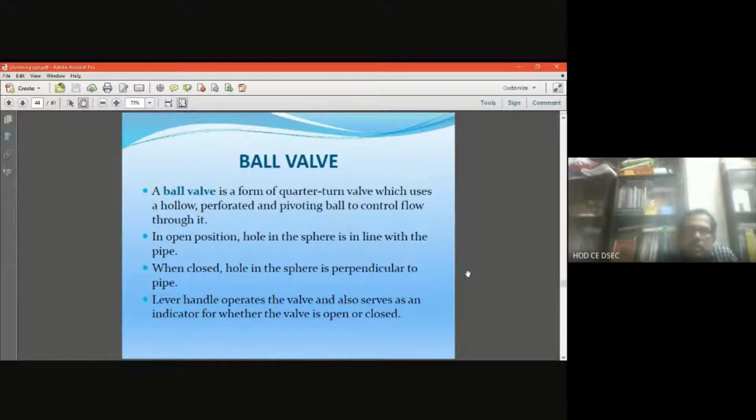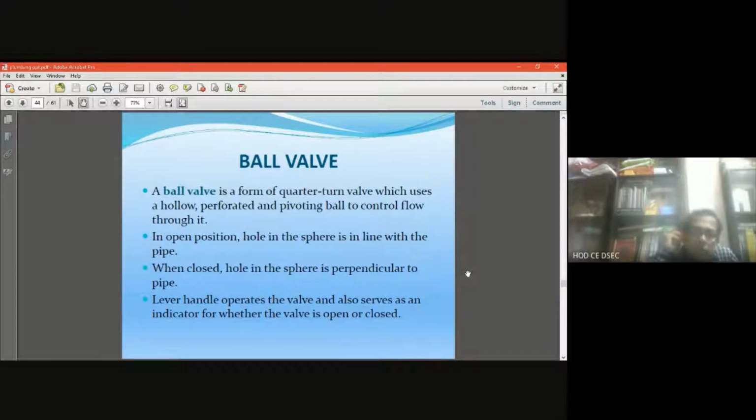So this is called the quarter turn valve, which uses a hollow, perforated and pivoting ball to control the flow. If the hollow portion of the sphere is in line with the pipeline, then it is in open position. That means fluid will pass through the sphere, and the valve is open.